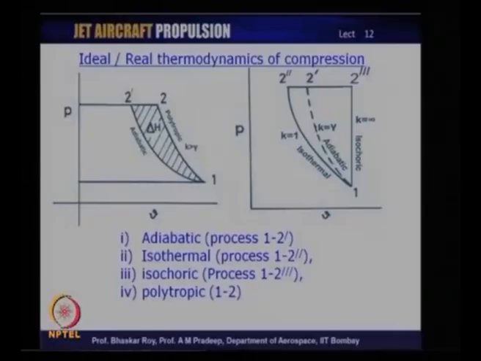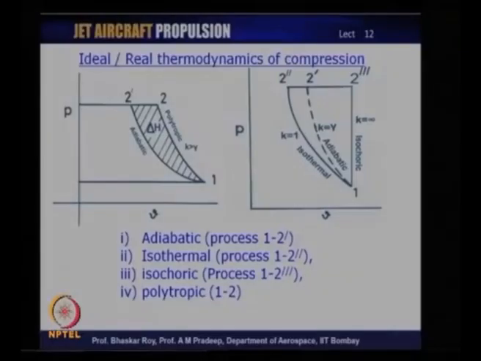Now, as you can see, the index which is normally used for signifying the process, in case of an adiabatic process, is gamma. In case of other processes, we often might like to call it some k. In case of a general polytropic, non-adiabatic process, k is likely to be greater than gamma.